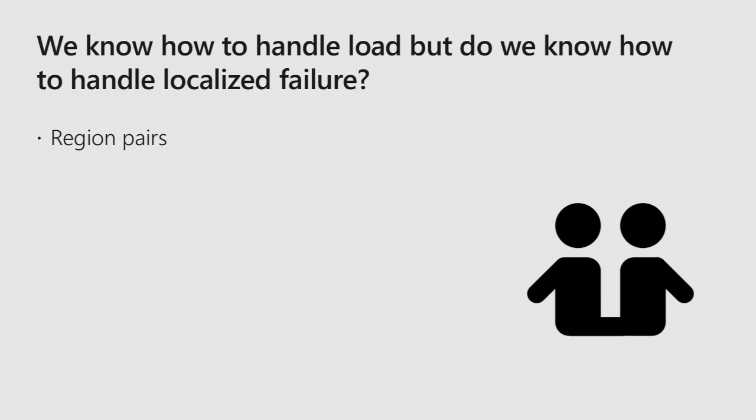So if we're going to handle the localized outages, the first of those is going to be the region pair. They're close together from a network perspective. They're far enough apart that they should be able to fail over. The region pair for Europe West, which is here in the Netherlands, is going to be Europe North.